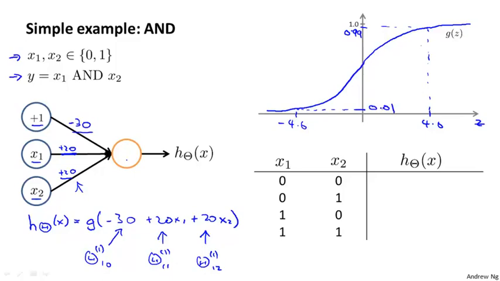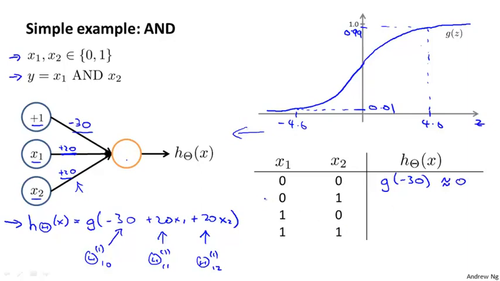Let's look at the four possible input values for x1 and x2 and see what our hypothesis will output in each case. If x1 and x2 are both equal to 0, then the hypothesis will output g of -30. So it's going to be very far to the left of this diagram, so it'll be very close to 0.